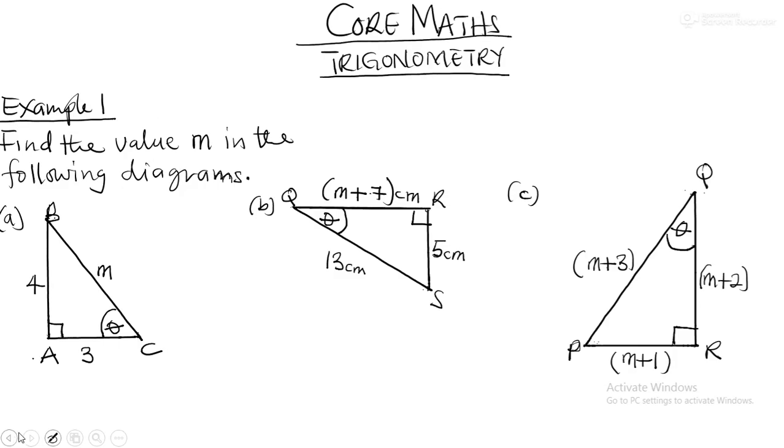Yeah, good. So the third question also follows the same pattern, but in this case everything is in terms of m. So let's look at it. So we have our hypotenuse, we have our opposite, and then we have our adjacent. Okay, so now from the same concept, the hypotenuse squared is equal to the opposite squared plus the what?